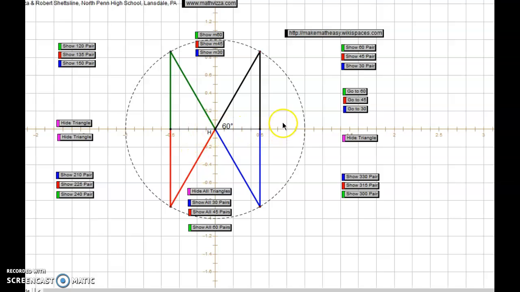Well, we know that half of this whole is 180, plus 60 is 240. And I can show you that on the other one. From the blue terminal side to this x-axis is 60. So starting in standard position all the way around to the blue would be 300, and then there's another 60.